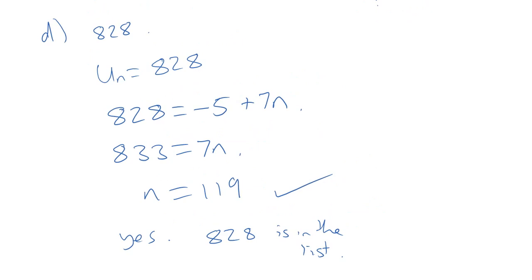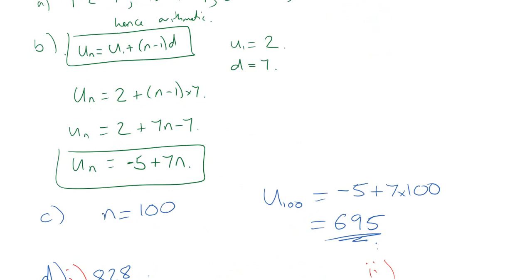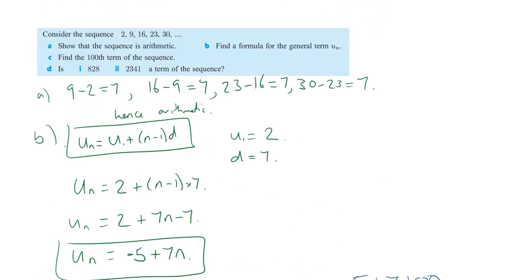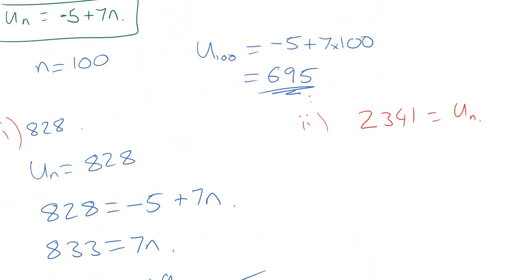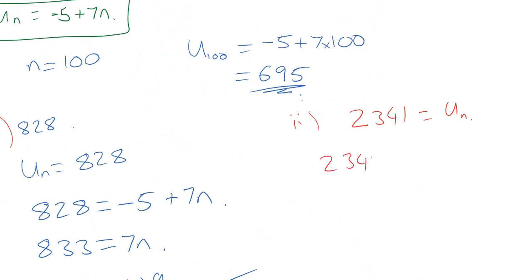Okay, let's now try part 2. For part 2, we had to see if 2,341 was in our sequence. So we're going to set this equal to Un and put this into our formula. Our formula says that 2341 is equal to minus 5 plus 7n. Just like last time, we'll add 5 to both sides. 2346 is equal to 7n.